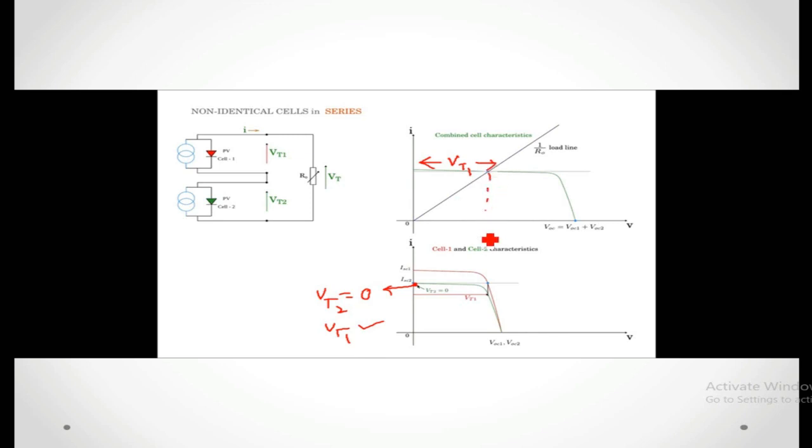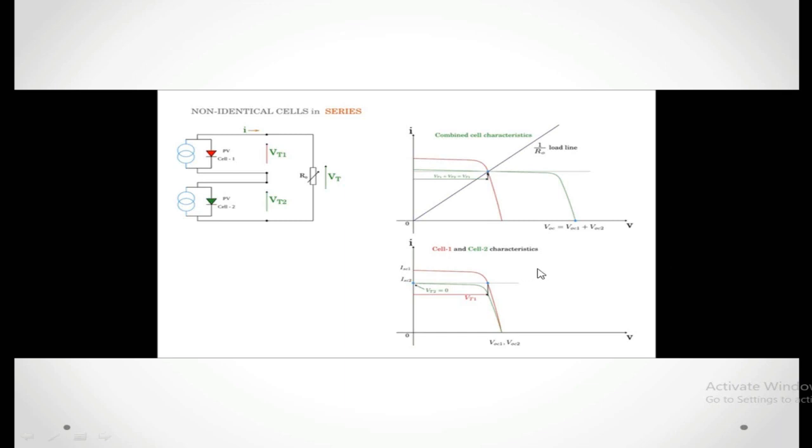If you observe, this point and this magnitude are the same, so that is VT1. Earlier, up to this point, VT1 and VT2 have some magnitude, but after this point VT2 has become 0. If you further reduce the R0 value, the load line will further shift towards the I axis, and that will further reduce VT2 and VT1.